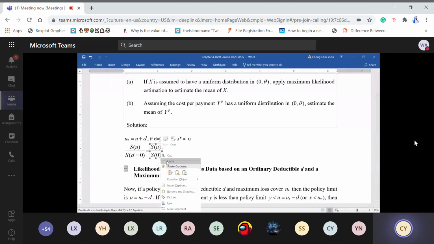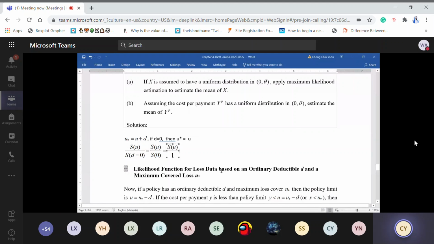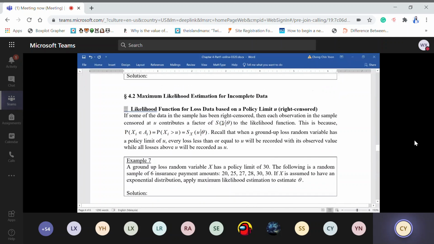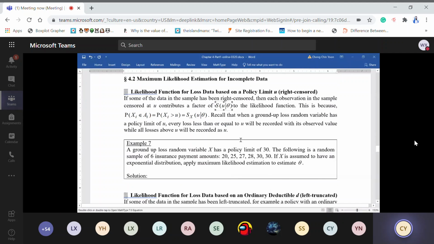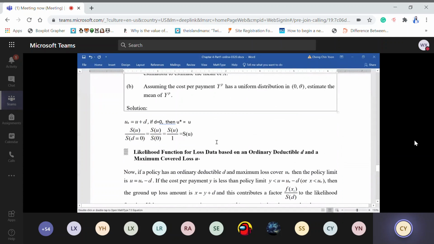This survival is 1. Then if you substitute in here, it's still the same, because the survival at 0 is 1. So you will have the survival at U. This comes back to what we had just now. It's actually the same. If you know how to handle a concept, you don't need to memorize so many things, because they are the same thing.